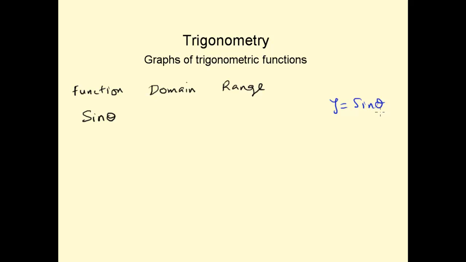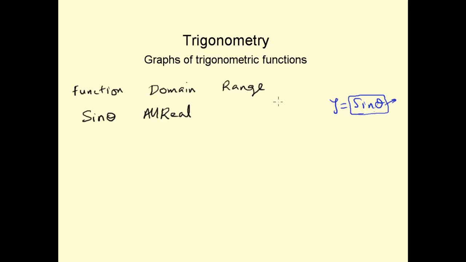or sine x. So what is the domain for sine? Meaning what values can you put for theta? Any value. Theta can take any value from minus infinity to plus infinity, right? So the domain of sine theta would be R, or all real. You can put all real numbers.